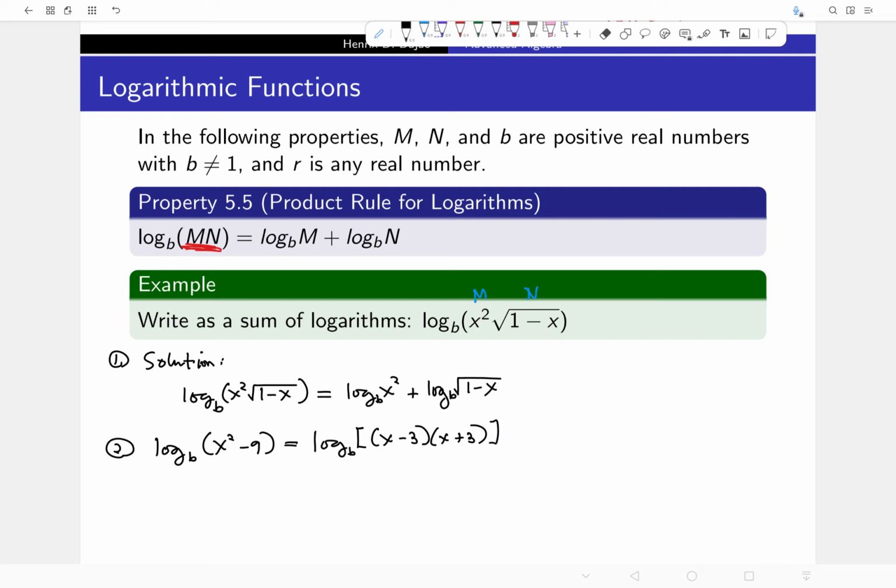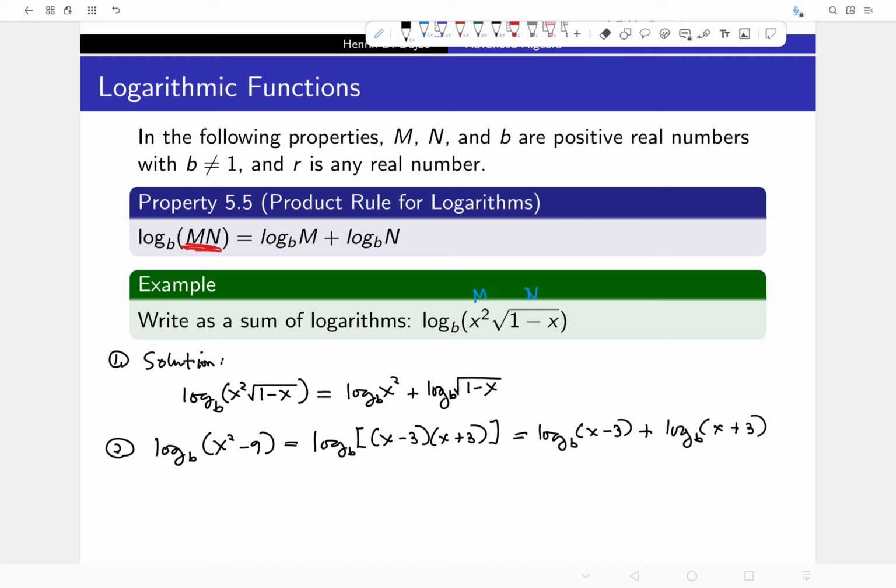So now we are ready to apply the property. These are already factors, so this becomes our m and n. And of course, to apply that one, that becomes log of x minus 3 with base b, plus log of x plus 3 with base b.